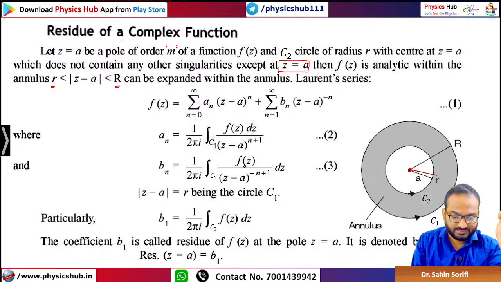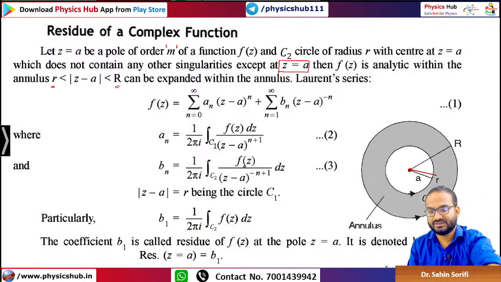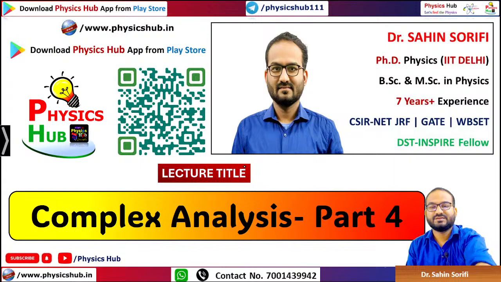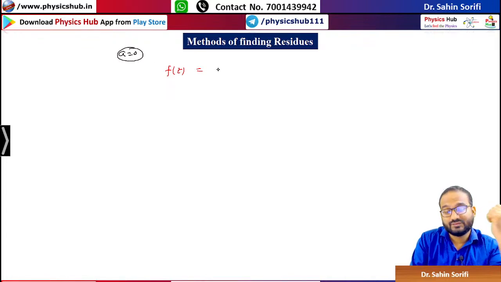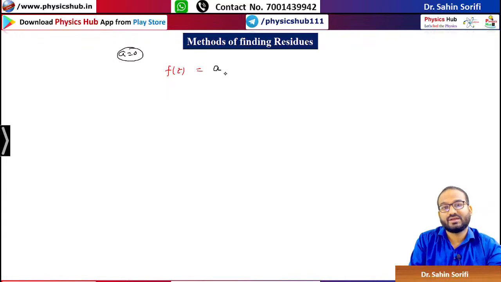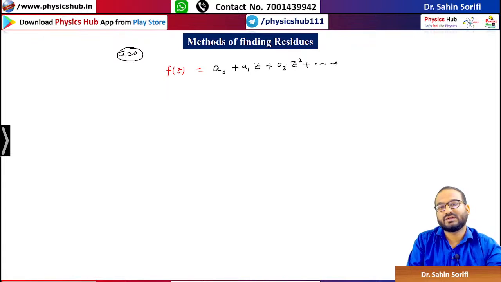Now regarding the question of removable, non-essential and essential singularities, if I talk about f of z, let's say a equals 0, we can have terms like a0 plus a1 z plus a2 z squared and so on up to an z to the power n.